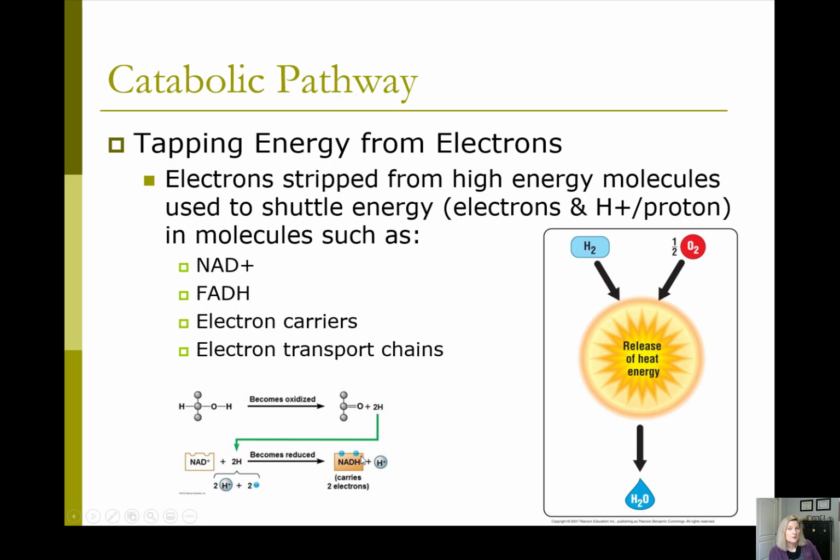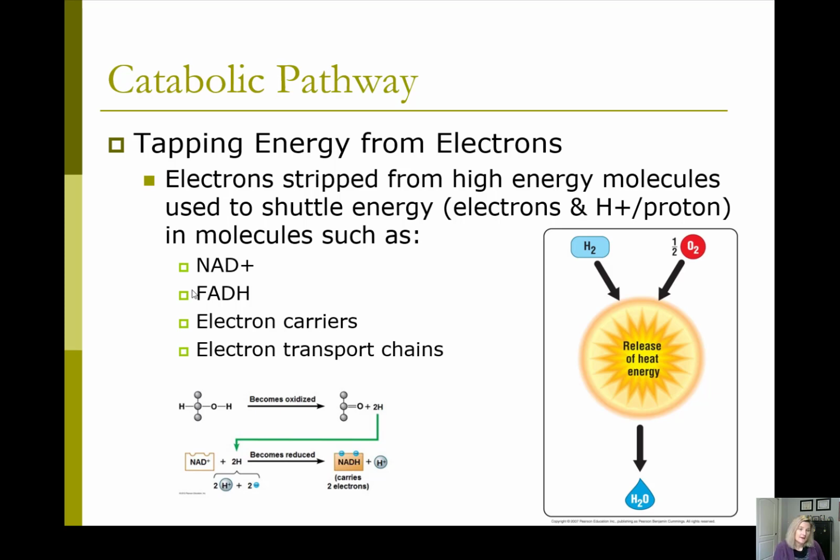And that's going to be important because we're going to need enough energy to drive the final reaction of cellular respiration with the help of those electrons. Okay, so these electron carriers now are high energy molecules. They're carrying that electron, that form of energy. Another molecule that you're going to be noticing throughout these chemical reactions is called FADH. FADH is another example of an electron carrier.